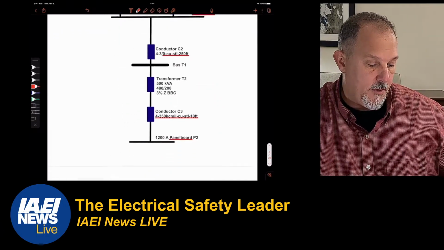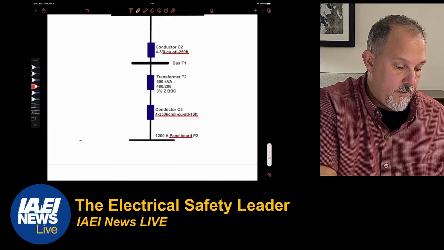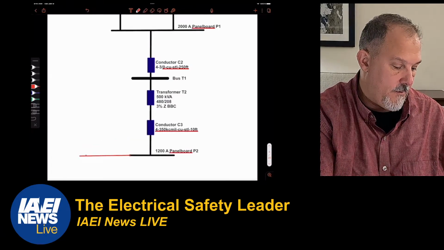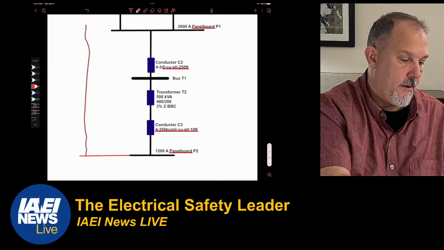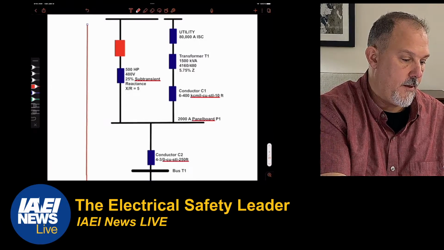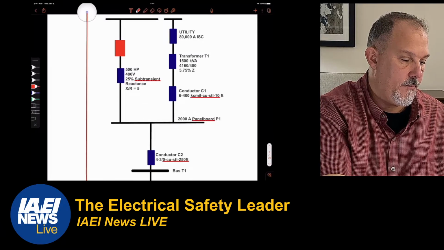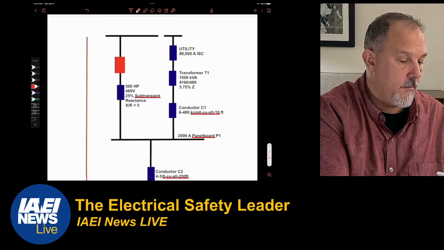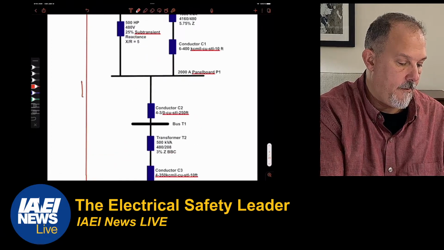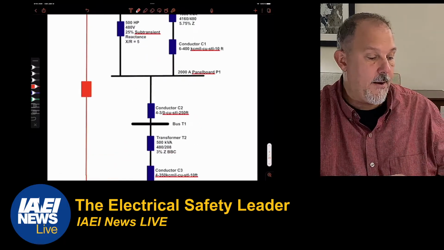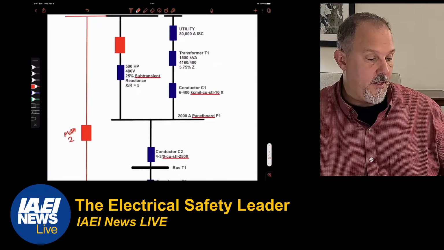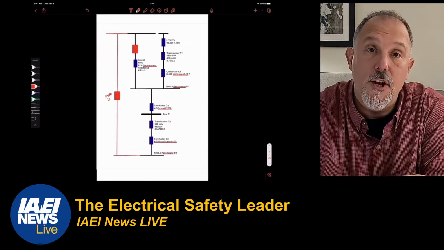If I put a motor down here on this panel board, I'm doing a what if, then I would have had a motor 2 in parallel with everything. That's what the circuit would look like.